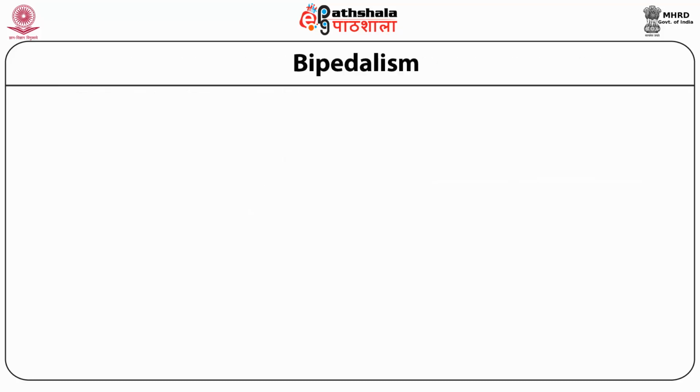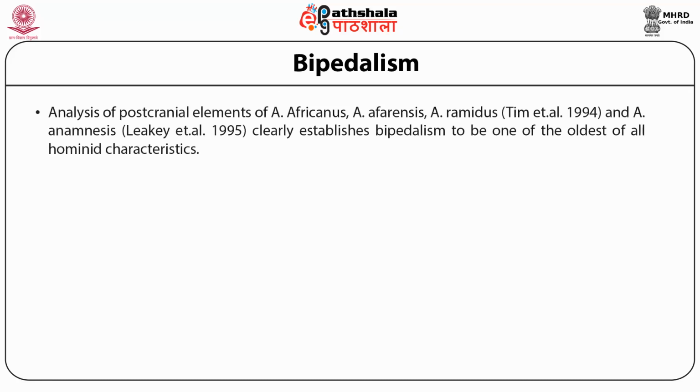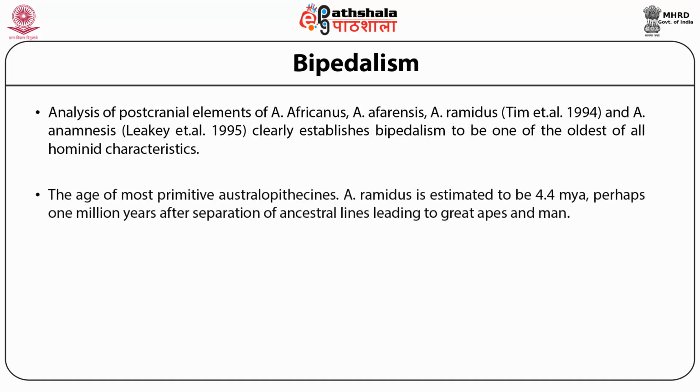Let's first discuss bipedalism. Analysis of post-cranial elements of Australopithecus africanus, Australopithecus afarensis, and Australopithecus ramidus clearly established bipedalism to be one of the oldest of all hominid characteristics. The age of the earliest variant of Australopithecus is estimated to be about 4.4 million years ago.